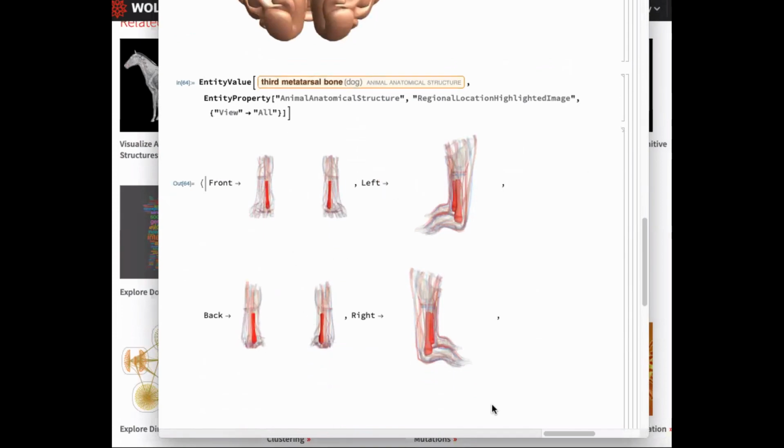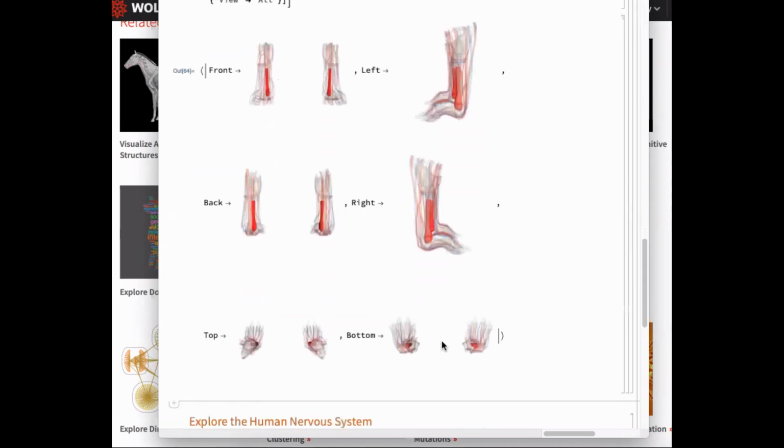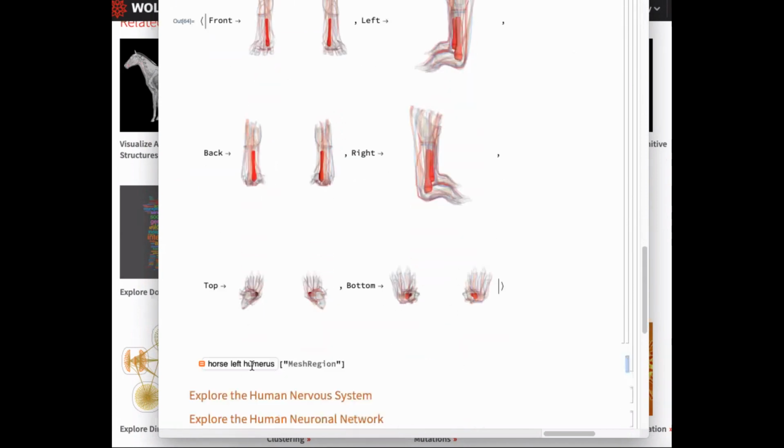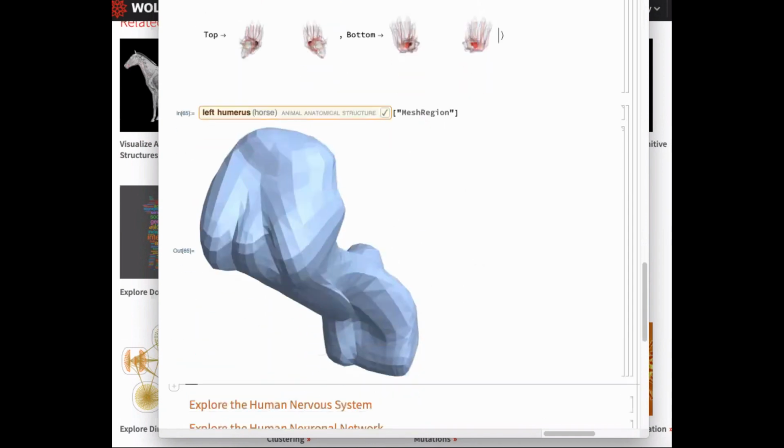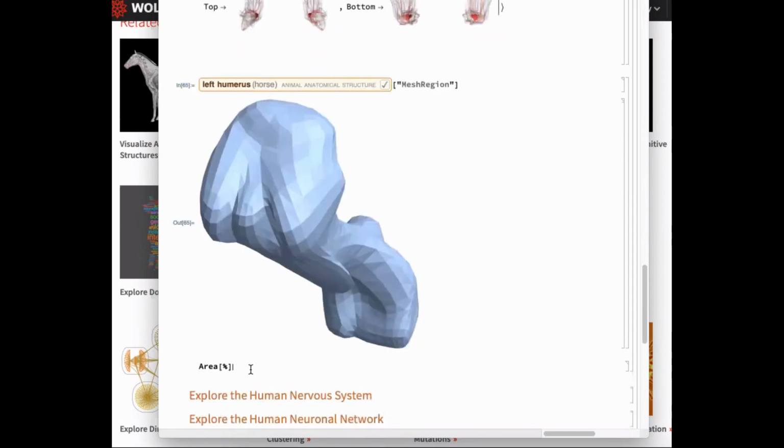And in addition to these graphics properties, we have geometric properties available. For example, you can get the mesh region of a horse's bone and compute a mesh area like this.